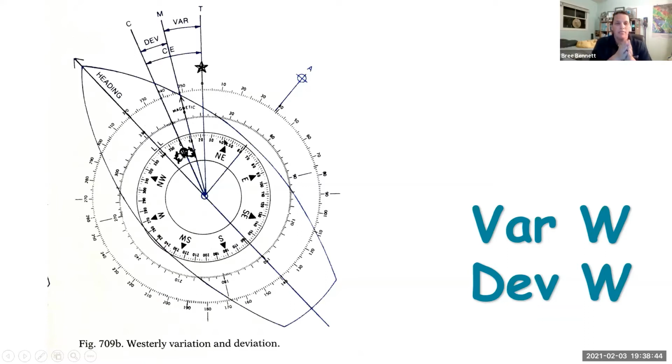Sorry, let me focus my thought here. When we're looking at this, is kind of like an aid to navigation, if you will. If we are getting a bearing for whatever this A is, and I look at my compass on board my vessel, and I think my bearing is somewhere around 060. But in true, if I was to plot this on the chart, I need to plot it in true.